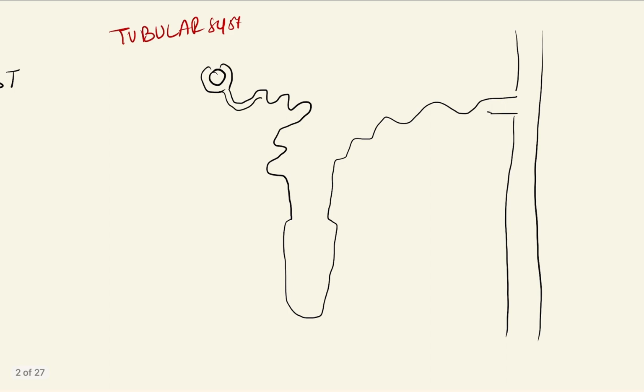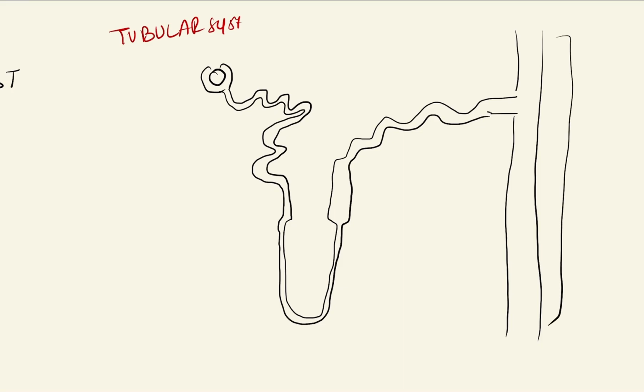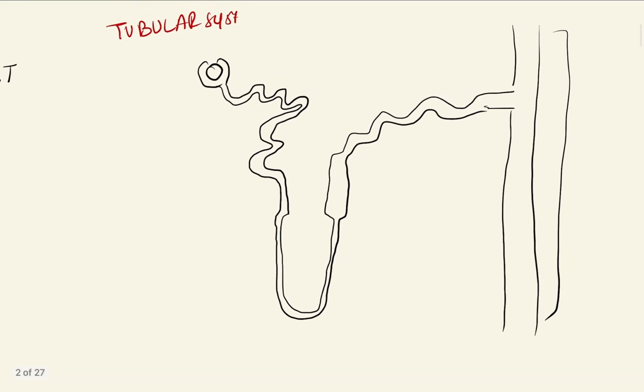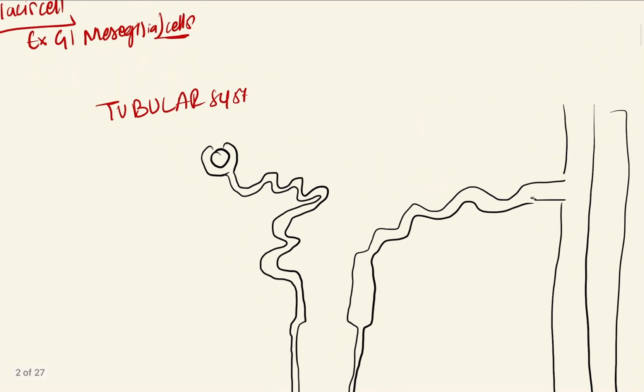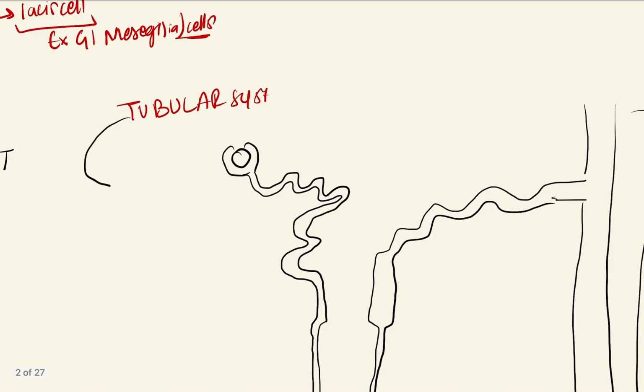You continue this, forming, this is again proximal convoluted, proximal straight, which is thick, this is proximal thin, descending, ascending thin, thick, distal convoluted, collecting duct. This is what collecting. Okay, super simple, right?